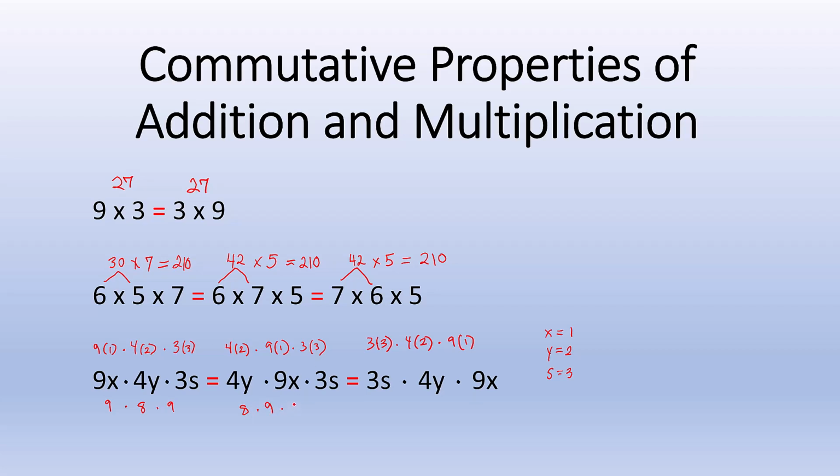Multiplied by 3 times 3 is also 9. And finally, we have 3 times 3, 9, times 8 times 9. And if I solve, 9 times 8 gives me 72. 72 times 9.